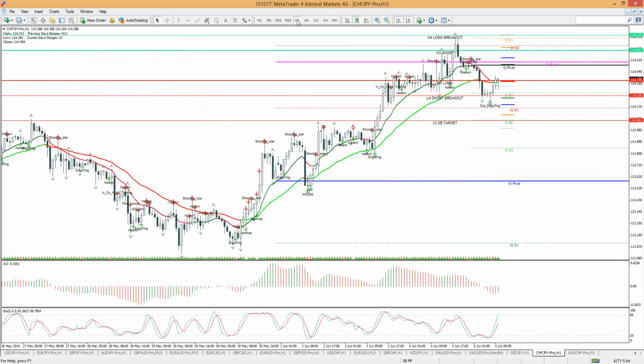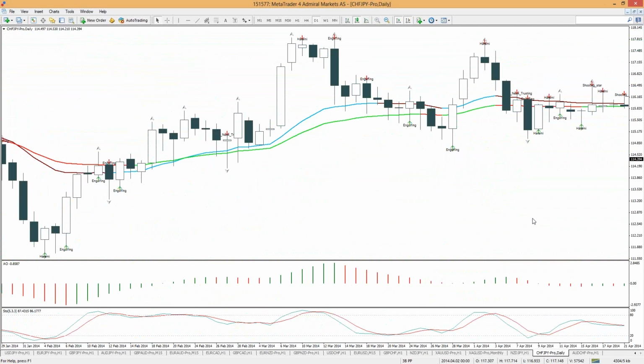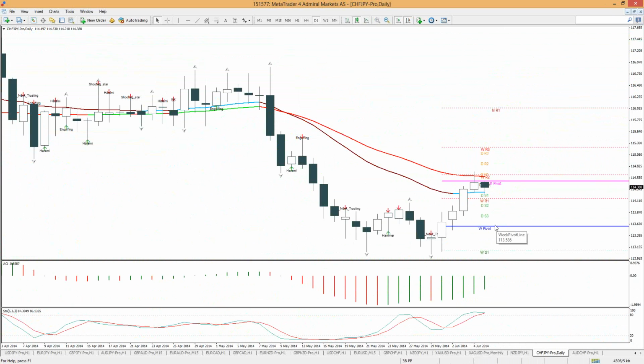There is upside momentum on the 4-hour, certainly. From a daily perspective, it looks a bit like a shooting star at the monthly pivot. That would be a bit worrying for me from the long perspective.